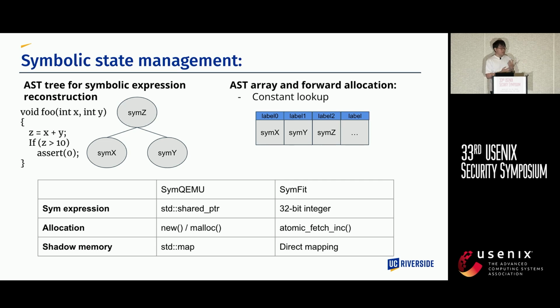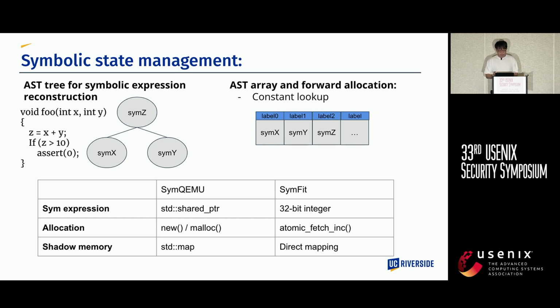In the backend of QCM and SymQEMU, it maintains the symbolic expression in a tree data structure. So every symbolic expression is essentially a pointer, and the allocation of the expression is a malloc on the heap. Instead, we maintain the symbolic expressions in a union table.